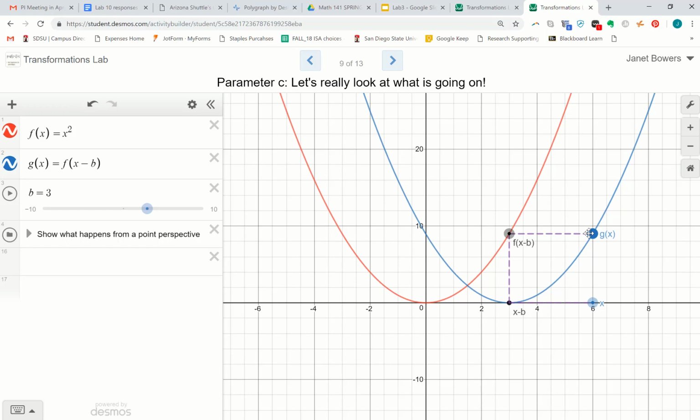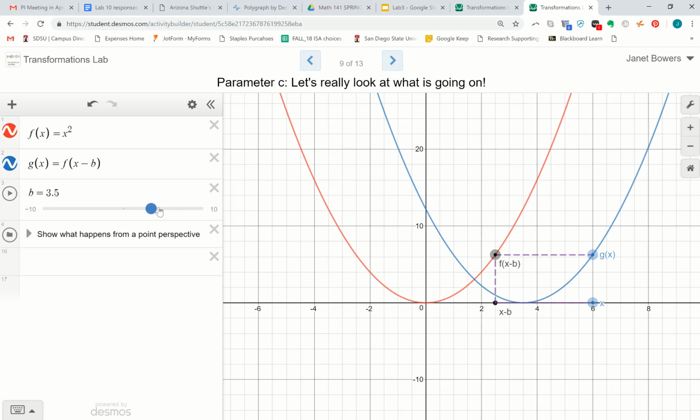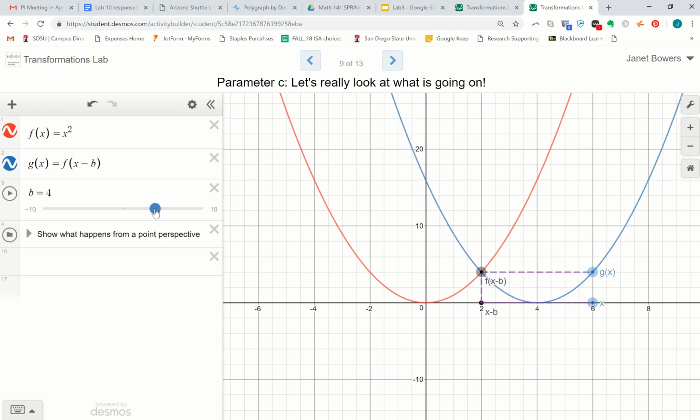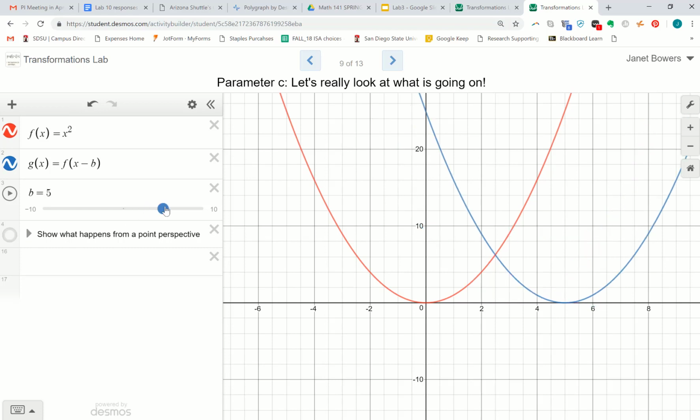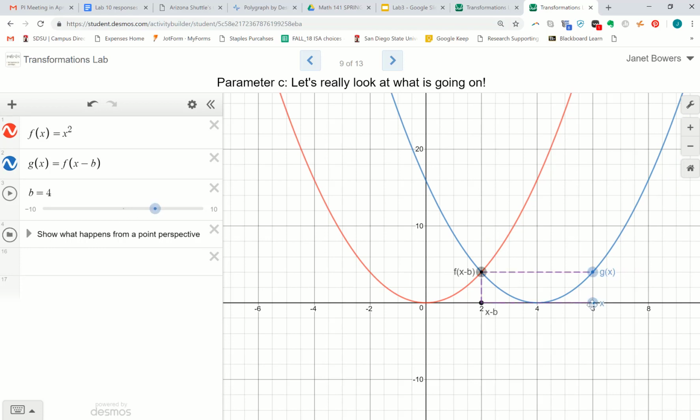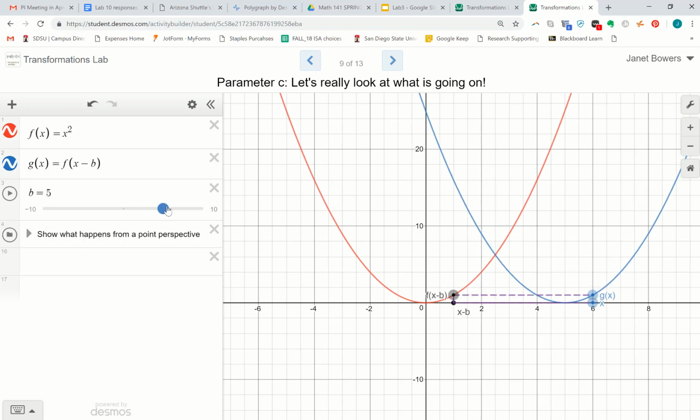the right. So why does it go to the right when it doesn't even look like it's going to the right when I have that pointwise perspective on? But again, let's hide that for a second. So what's happening? Why does it appear to go to the right when there's a pointwise perspective? Because you're starting at x, you're subtracting a number.